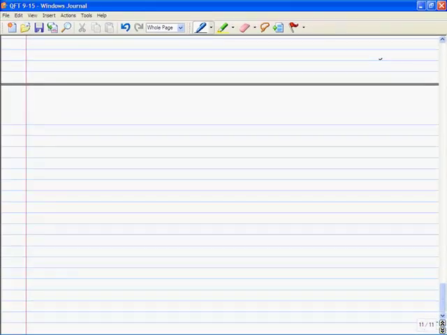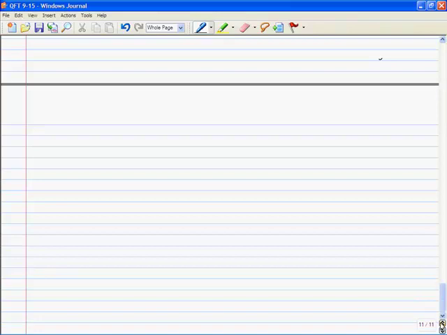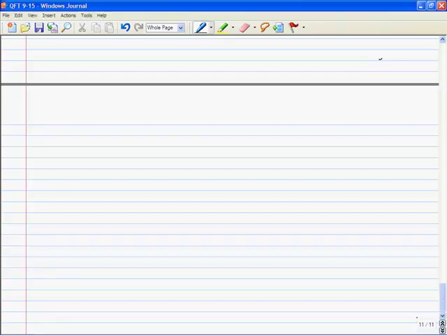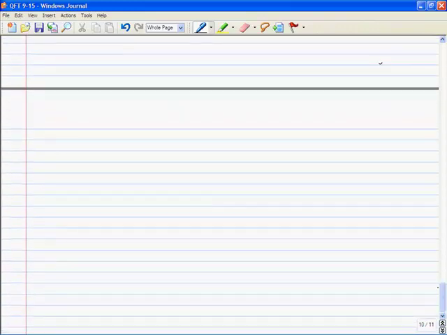path integrals behind. I want to make one brief comment on spin and statistics, and then go on to some Dirac algebra stuff. All right, so the spin statistics theorem.